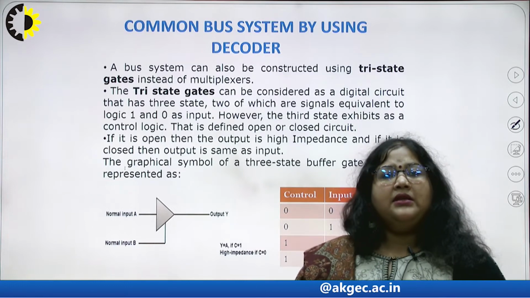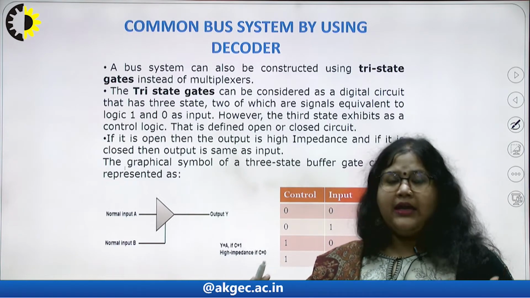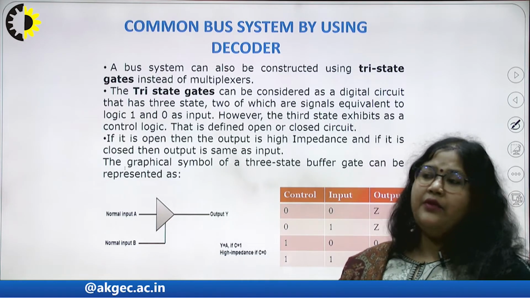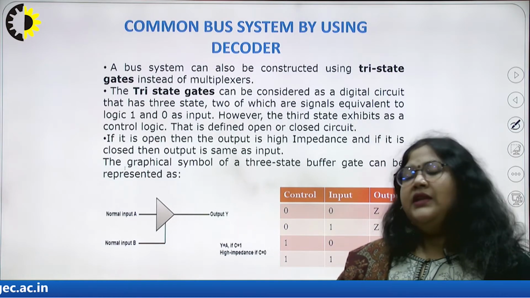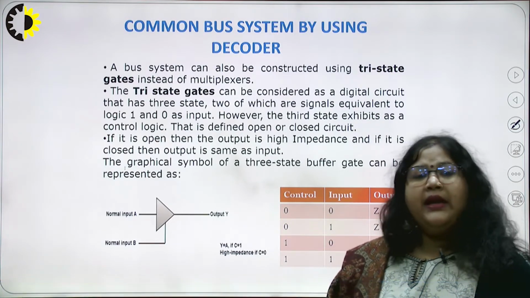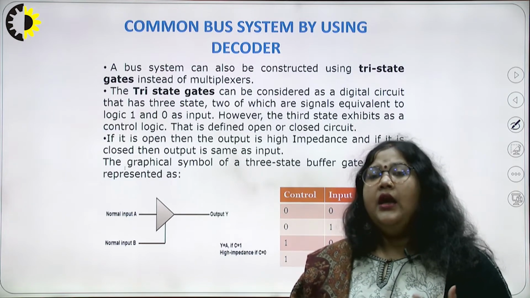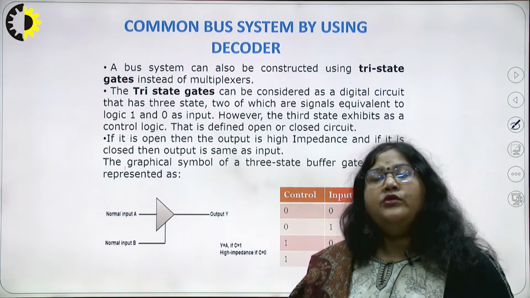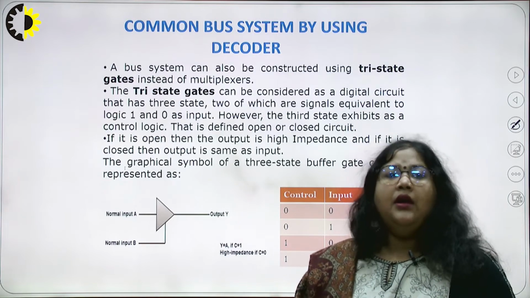In the common bus system, we design a common architecture, a number of buses for transferring the data, and we use this particular architecture for transferring data from one place to another without any reconstruction, without defining the number of wires, so that the complexity of the circuit diagram of this system is reduced.